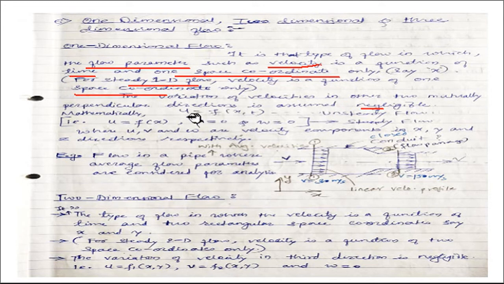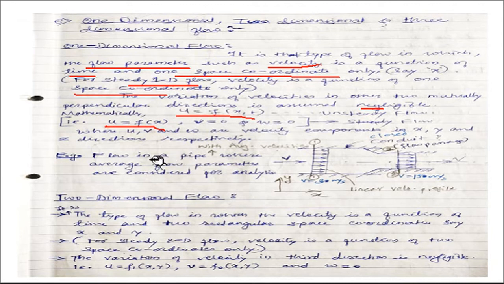Mathematically, the velocity component u is a function of x and t, so one space coordinate and time. So this is unsteady 1D flow. For a steady flow, u is a function of only x and not of time. The other two components v and w should be 0.